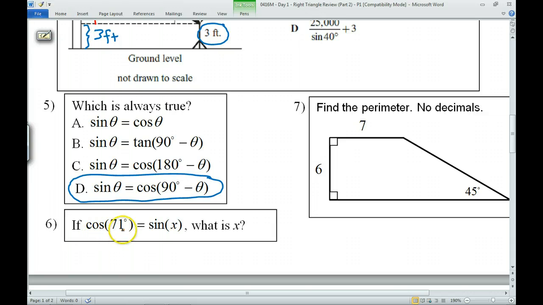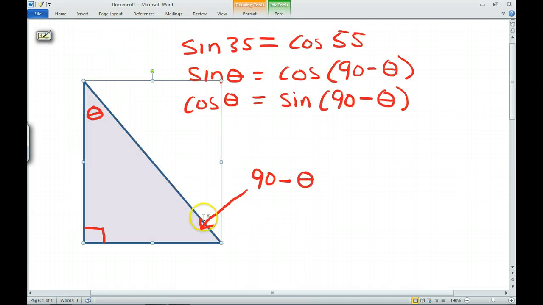Cosine of 71 will equal the sine of something. And so the question is, what would this angle be? Well, hopefully you can see the pattern even without drawing the triangle. Okay, if one angle is 71, the other angle is going to be 90 minus 71.